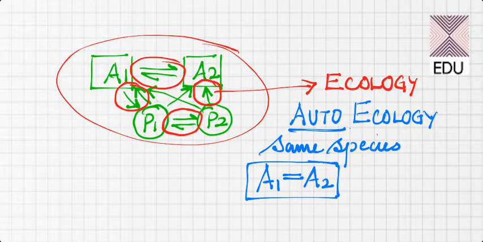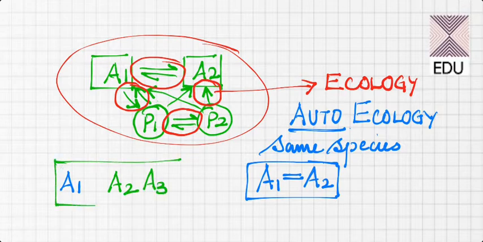Now suppose we have animal A1, and a different species of animal, A2 or A3, interacting among themselves. A1 is of a different species, and A2 or A3 are of different species.